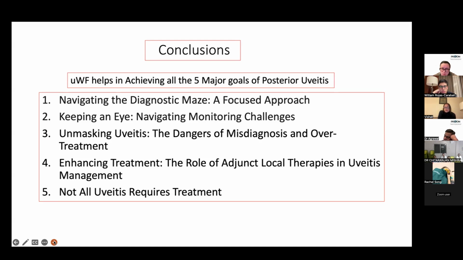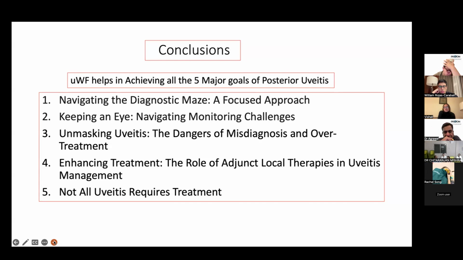We are waiting for all that data to come out of PROTON, because I think ultra wide field is absolutely brilliant, but probably we are seeing so many things which we were not used to seeing that we need to take a breath and not start treating everything that we are seeing.